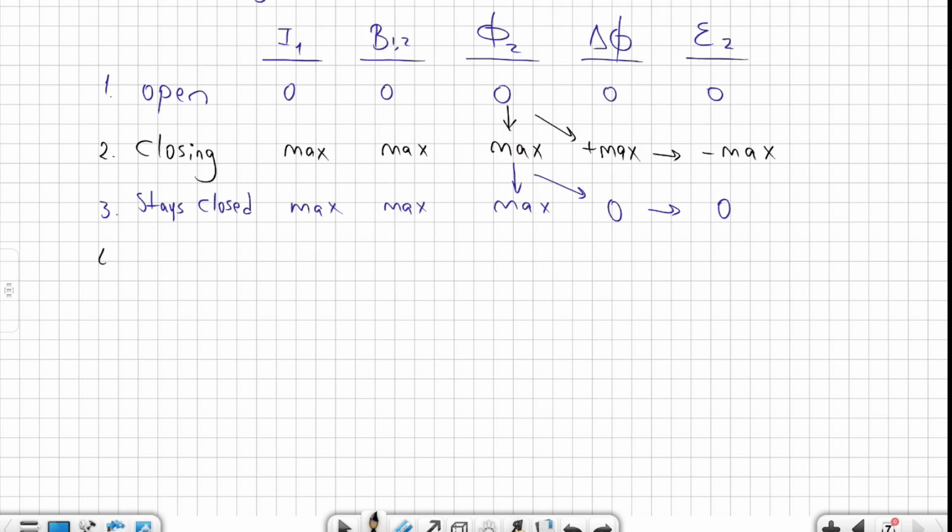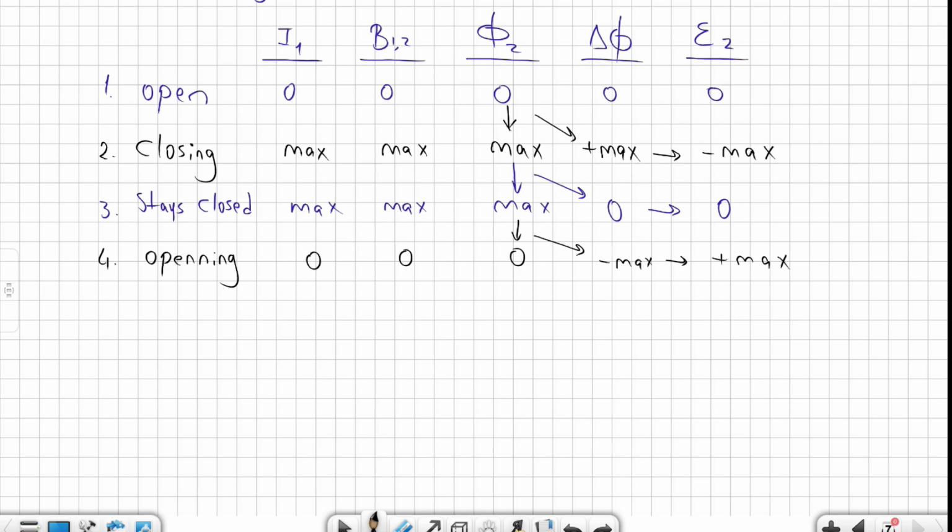So at the moment of opening, we will see that as we open it, the current goes to zero, the magnetic field goes to zero, the flux also goes to zero, and we see that the flux has gone from maximum to zero, so the change in flux is minus maximum. Since we have a change in flux, we will have induced EMF, but since the change is minus, the induced EMF will be positive.